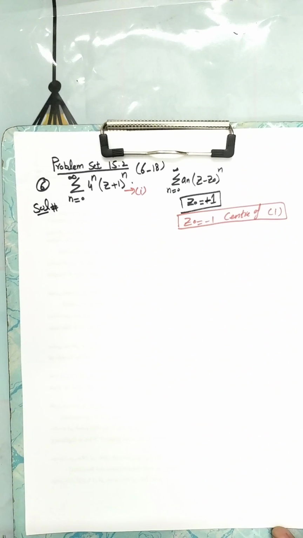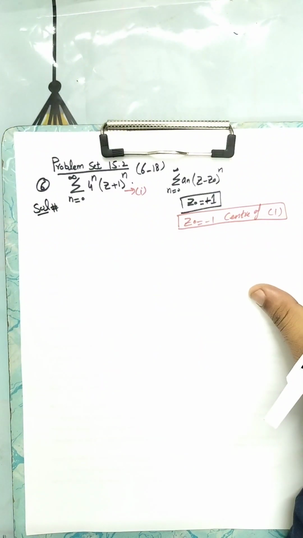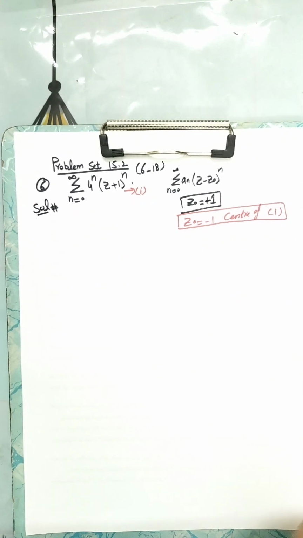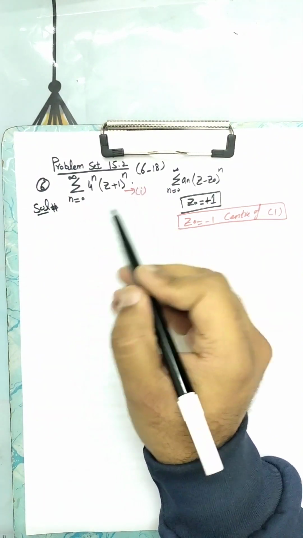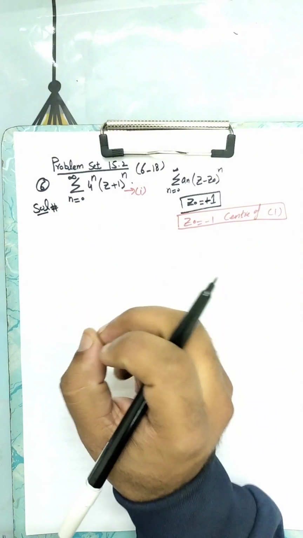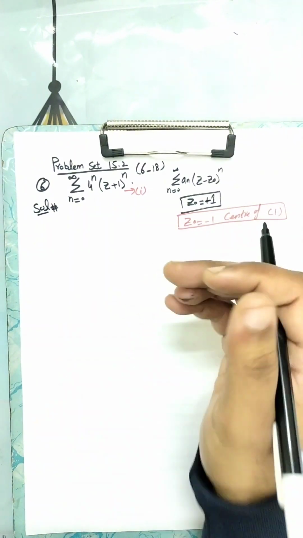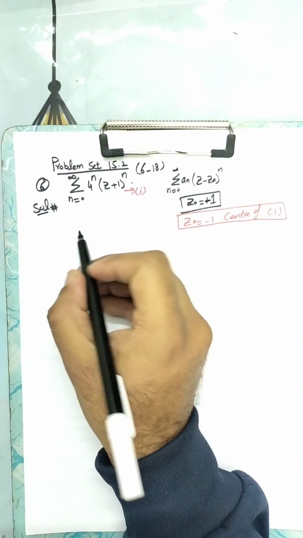The radius of convergence is 0, infinity, or only the one point minus 1, by using the theorem we discussed at the start of the lecture. Now I use the Cauchy ratio test here, with some modification.